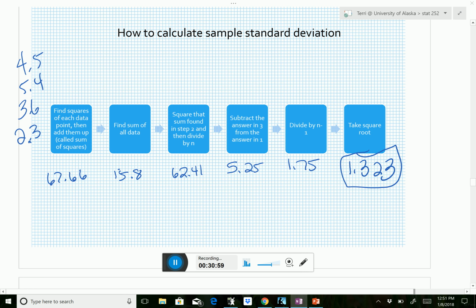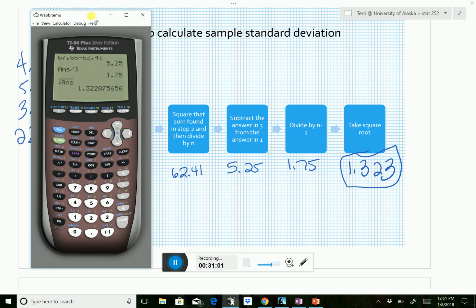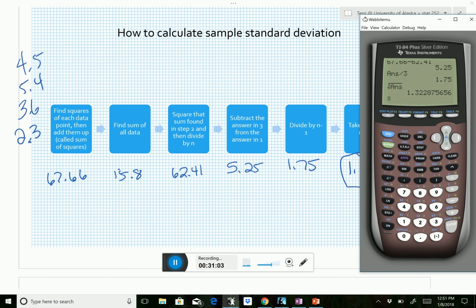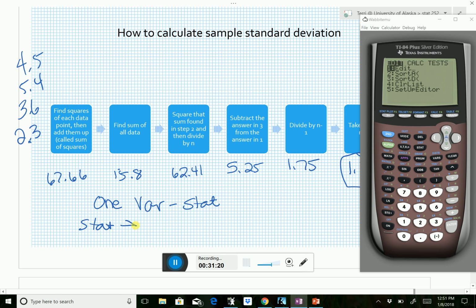Now, I want to show you something with your calculator. You can do something in your calculator called a 1-var stat. So I can actually go here to statistics, to calc, enter. Now I have a thing that comes up here that asks me for the list.